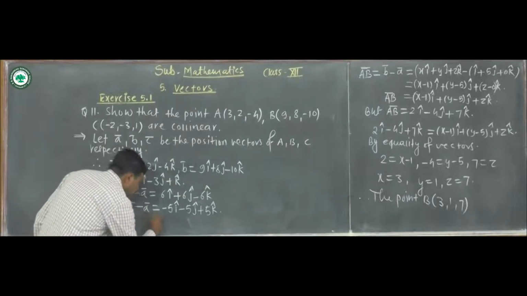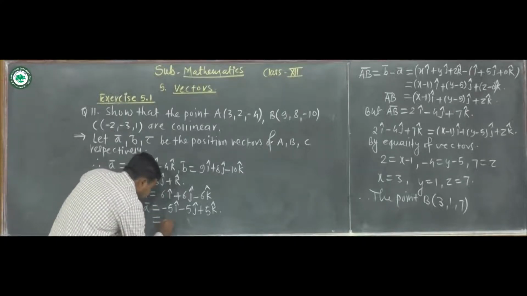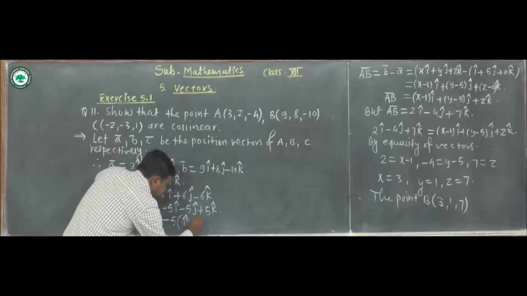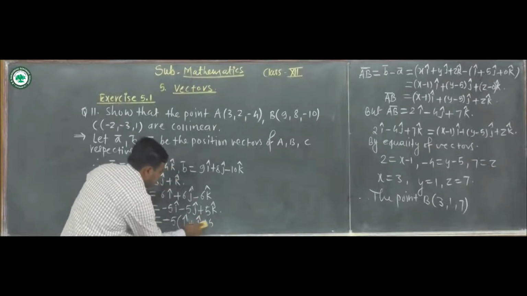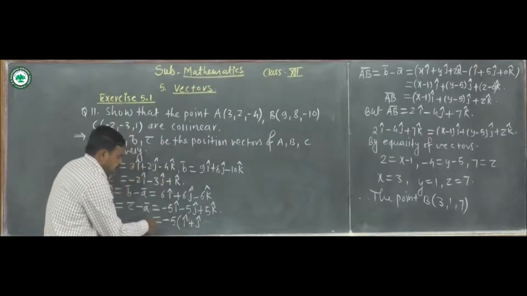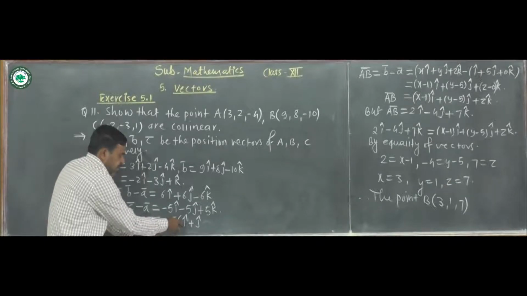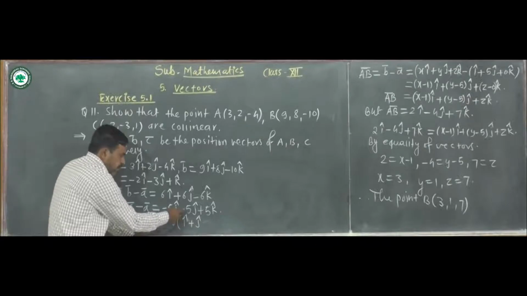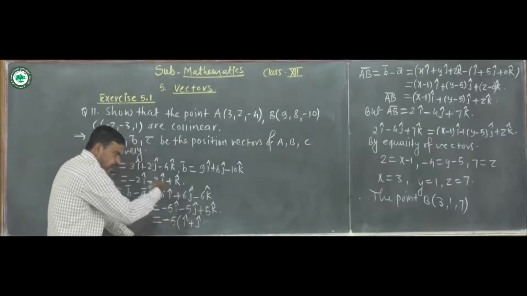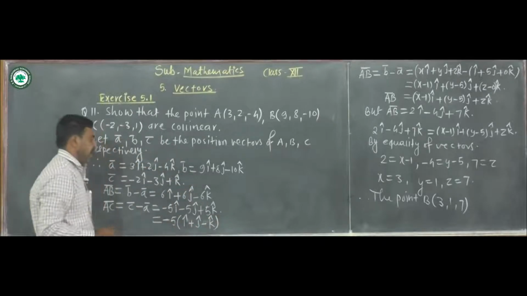Now AC bar is equal to, if we take minus 5 common, then it is minus 5 in bracket i cap plus j cap minus k cap. We have taken minus 5 common from the 3 terms, so minus 5 is outside the bracket, plus i cap remains in the bracket, plus j cap is in the bracket, and minus k cap is inside the bracket.